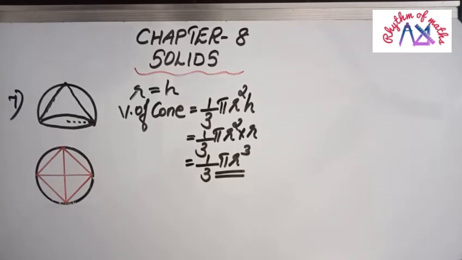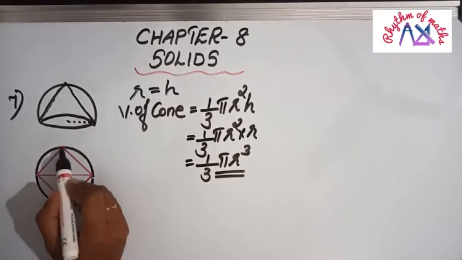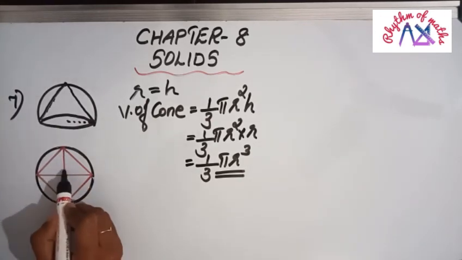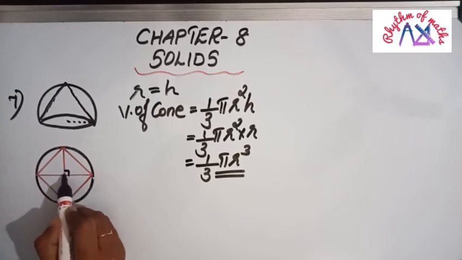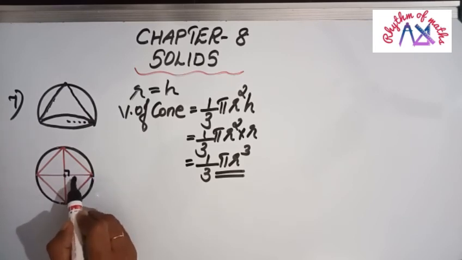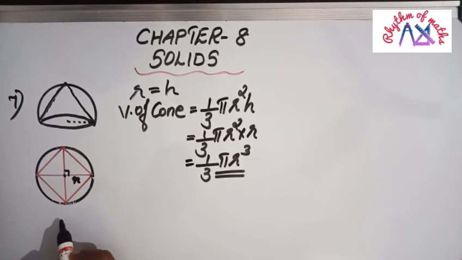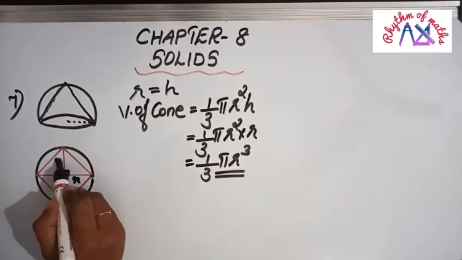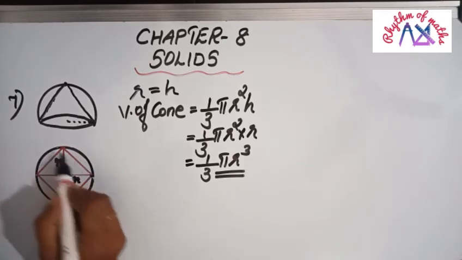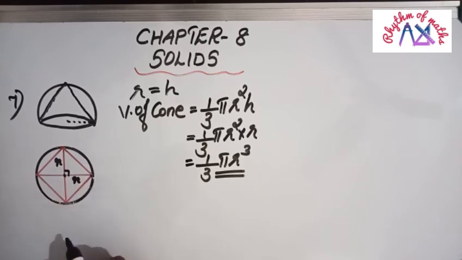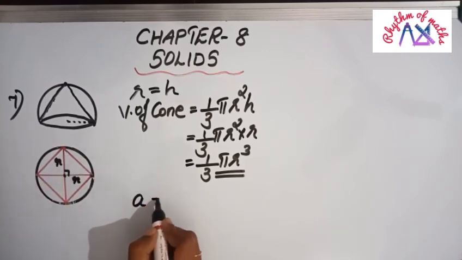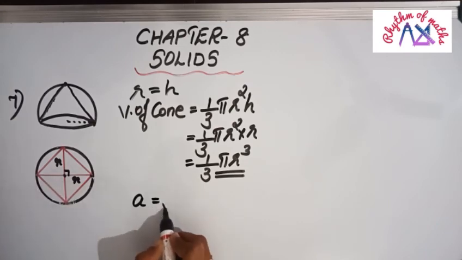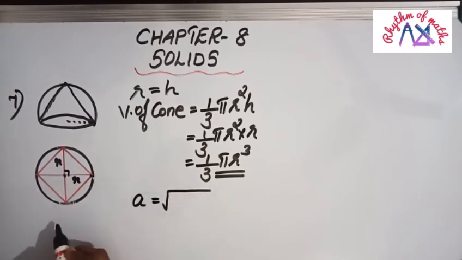Okay, now we are going to find the side of the square. So here let's consider only this portion. Okay, now here from this center to this point is radius. Okay, because it is a circle base. Now here also radius, and this portion, okay, this is the side of the square. So the side of the square a equal to what? By using Pythagoras theorem we can find the answer.